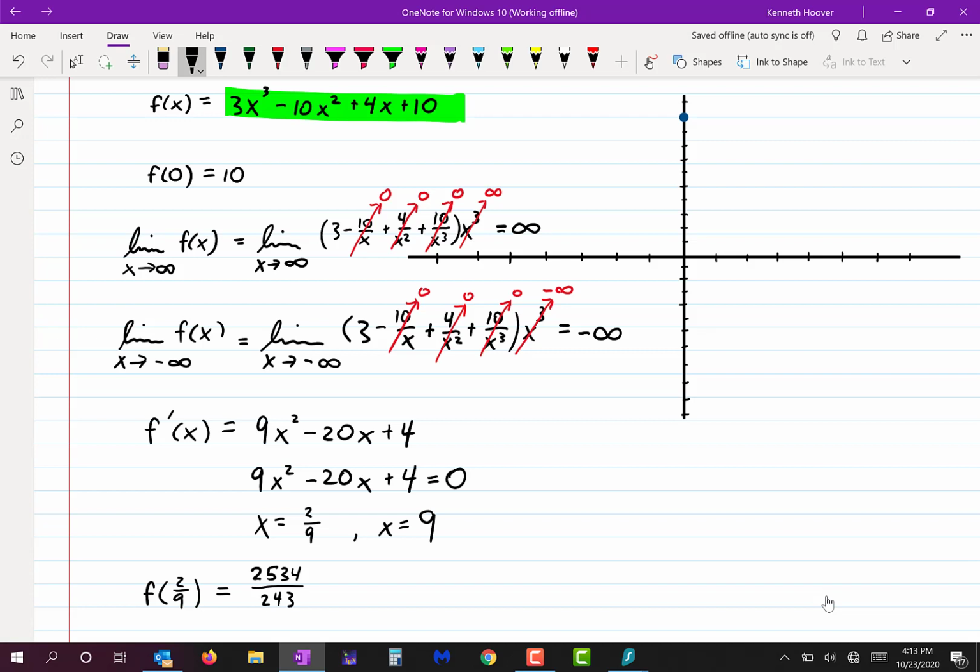I want to plot that point, and I don't have a good idea in my mind of what number that is. So if we put that into a calculator, we see that it is approximately 10.4. So that gives me a good idea of where to graph that. It's going to be right about here at 2, 10.4. It's not exactly 10.4, but close. Okay, let's plug in 9 into the function and see what we get.